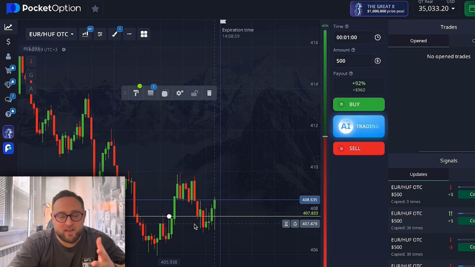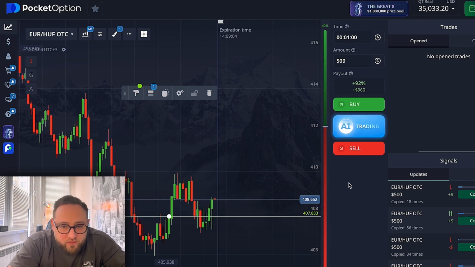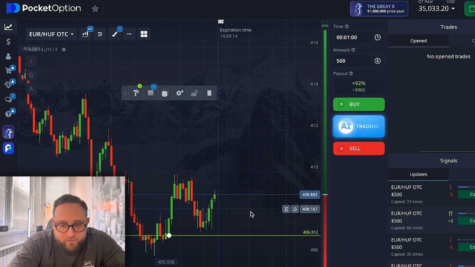Let me send a fresh screenshot, a new screenshot of this pair. I think it will be more fair play, because I will move the support line to the level that ChatGPT recommended to us.